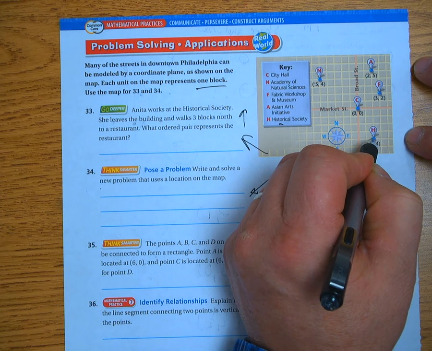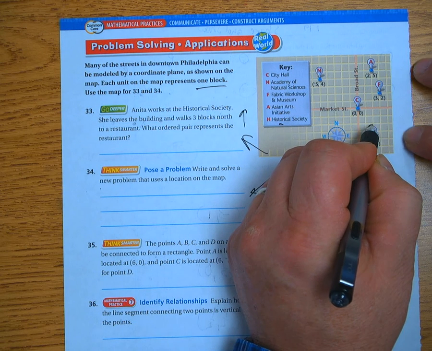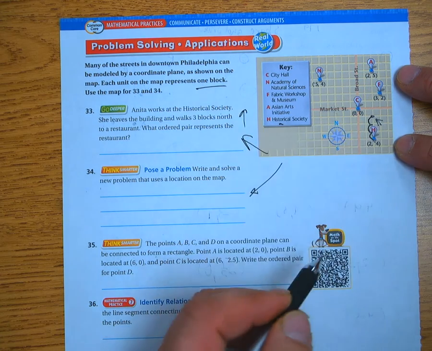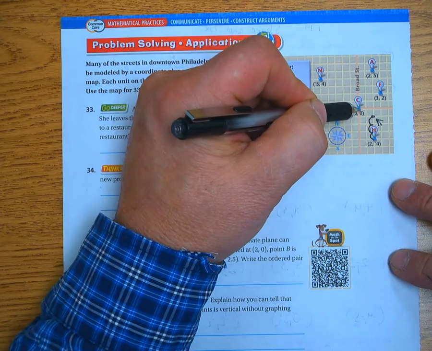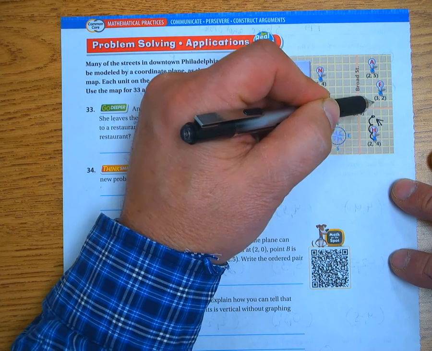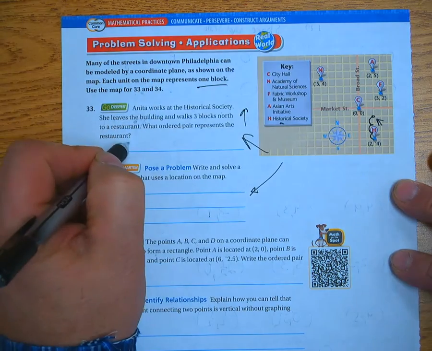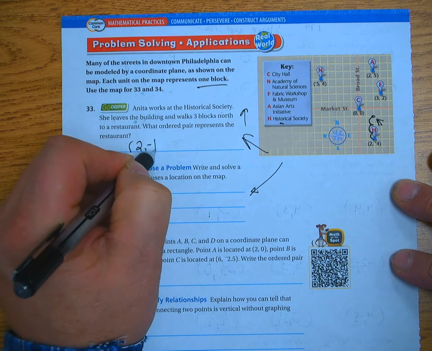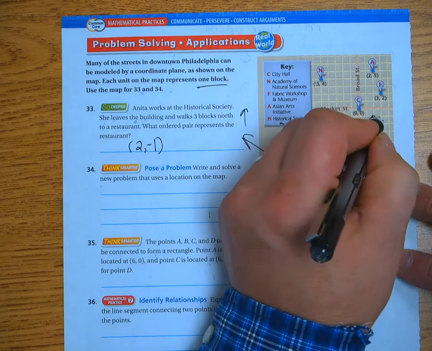So north is up. 1, 2, 3. So she's right there now. Okay, and you can see barely, but the orange line. So she's at the restaurant at 2, -1. That would be right there.